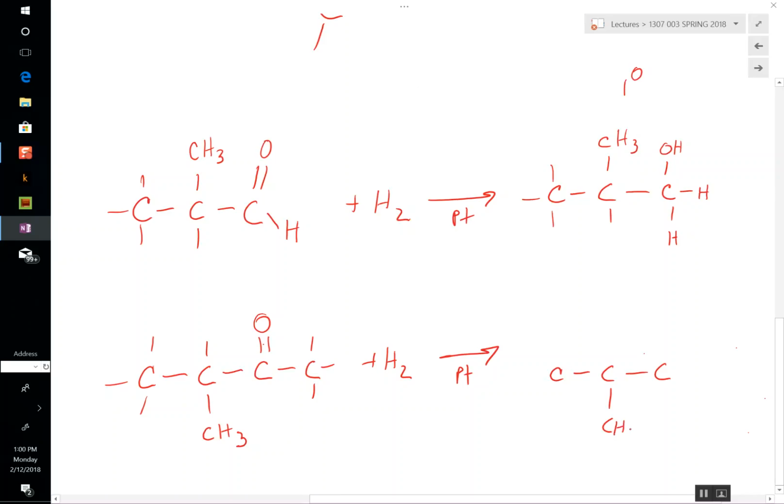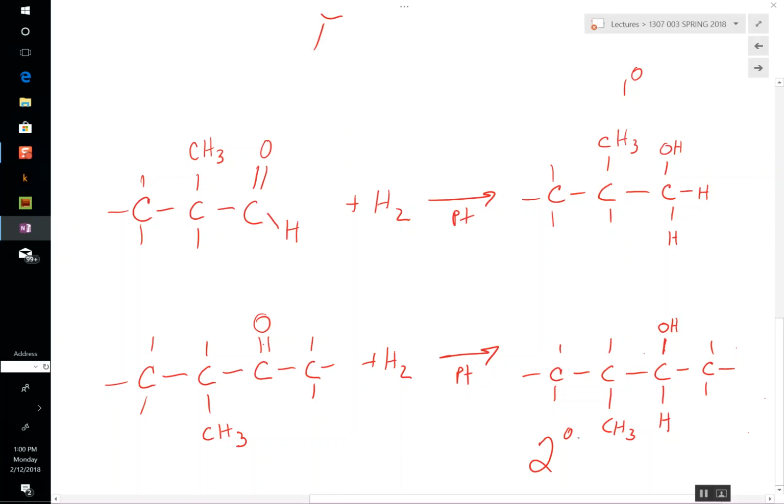You got a methyl group down here. Right here, where that oxygen was, here's your hydrogen. This is the hydrogenation. And then, of course, on the other side of it here, we've got another methyl. So this produces a secondary alcohol.